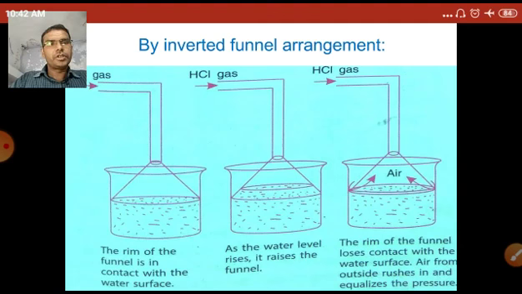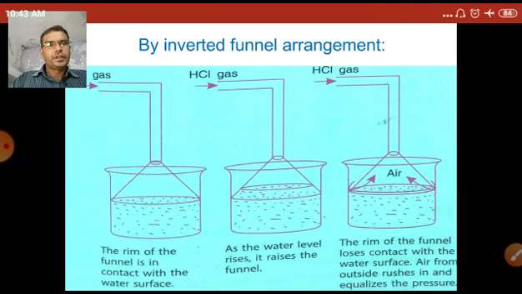When the air rushes into the funnel, it equalizes the pressure inside the delivery tube and the funnel. After equalization of the pressure, the water which just rose into the funnel falls down into the beaker due to gravity.